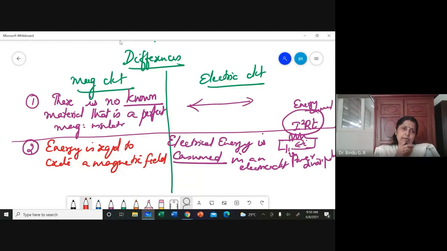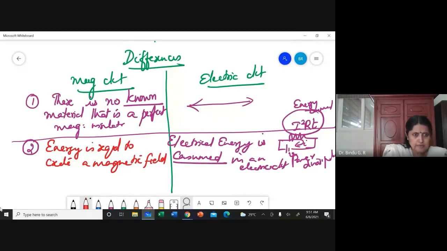Usually, if it's an inductance that you're talking about, you will have an inductive load. There will be a back and forth. The energy will go from the source to the load, and then it comes back to the source. So energy is required only to create or to maintain a magnetic field. It is not consumed at all.